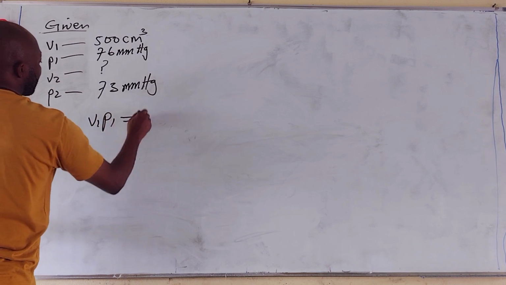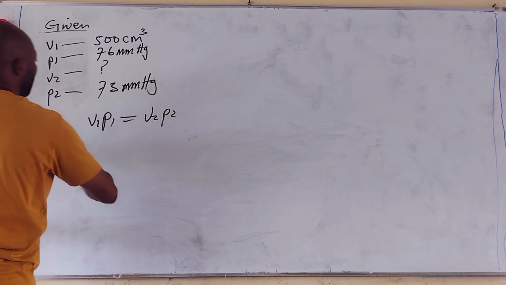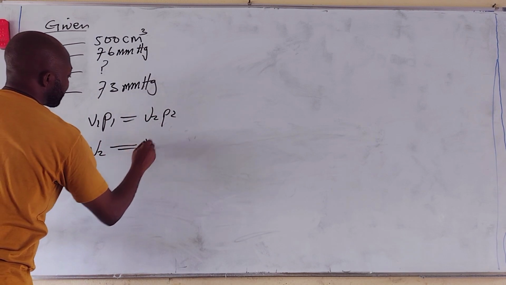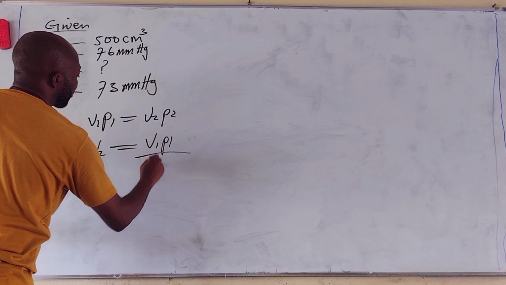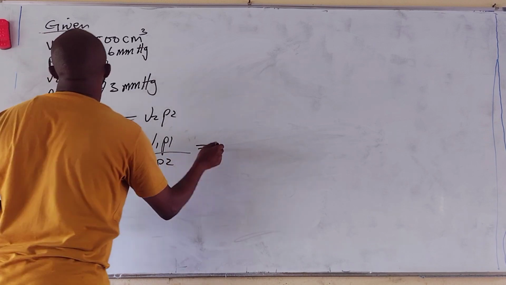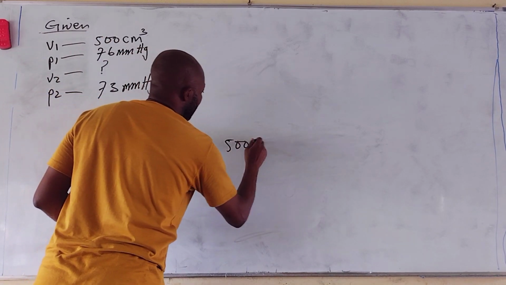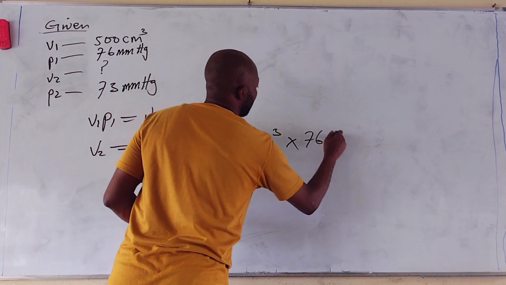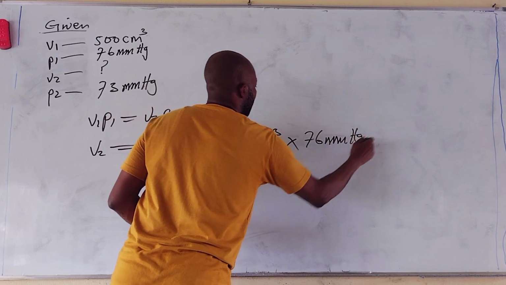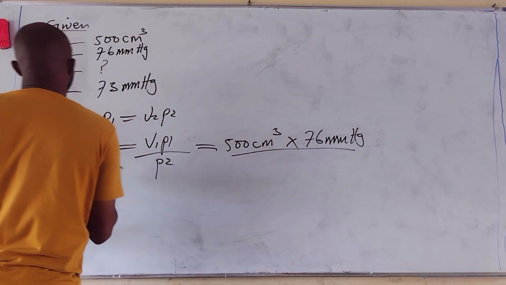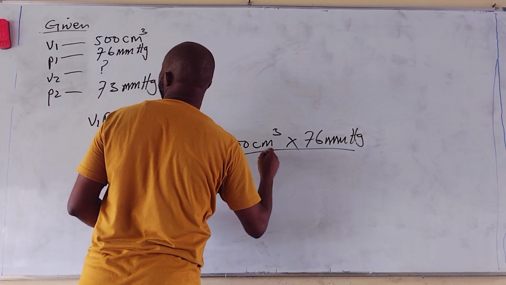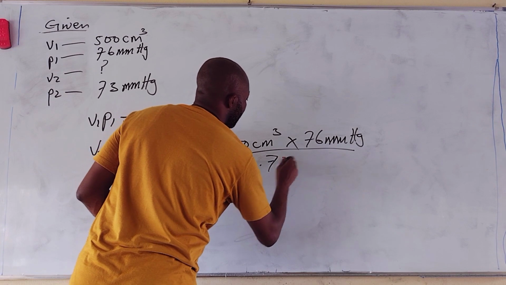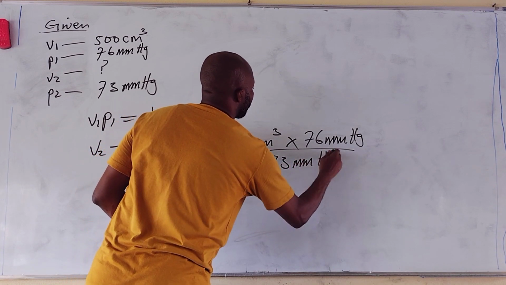V1 P1 equals V2 P2. We're looking for V2. V2 is equal to V1 P1 over P2. And this is V1 is 500 cm cube times P1 is 76 millimeter of mercury over P2, which is 73 millimeter of mercury.